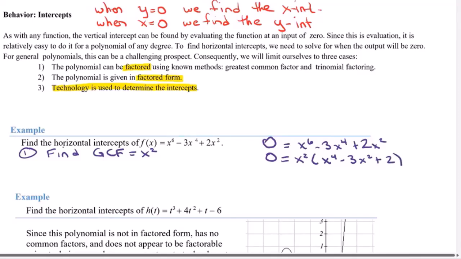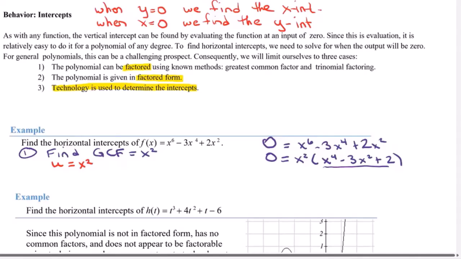Now we want to factor this right here. And if you don't know how to factor that, I'm going to use something we call substitution. Let's let u equal x squared.